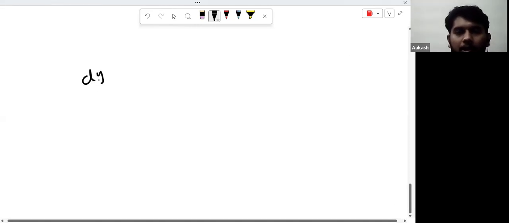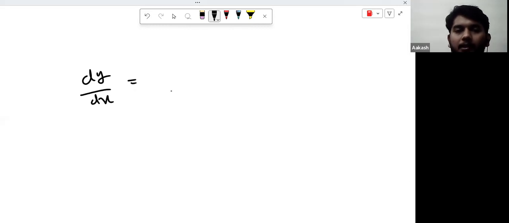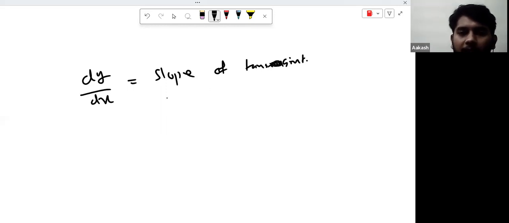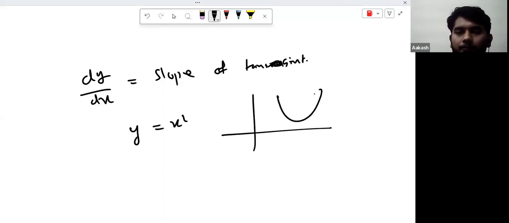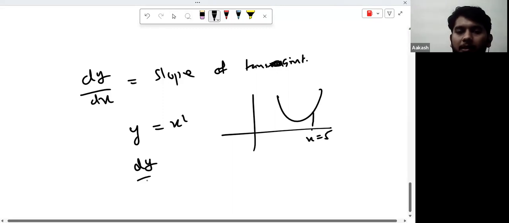so remember, dy by dx is the slope of tangent at any point. Okay, so if you have y equals x square, suppose this is the graph, and you have to find the slope of tangent at x equals 5, then what you will do, dy by dx, which is 2x, and put x equals 5, so 10.